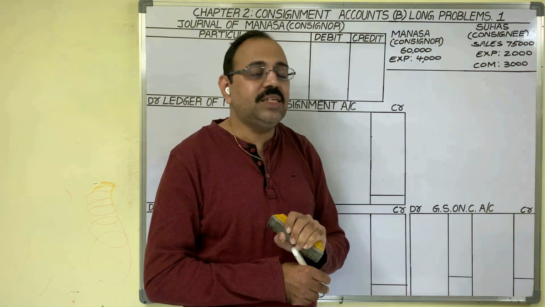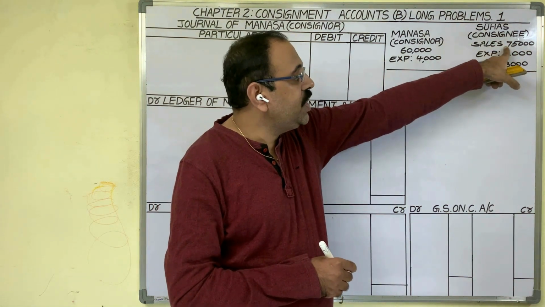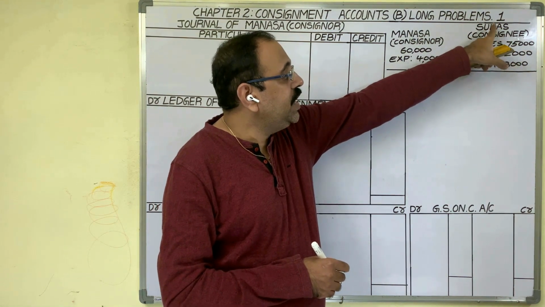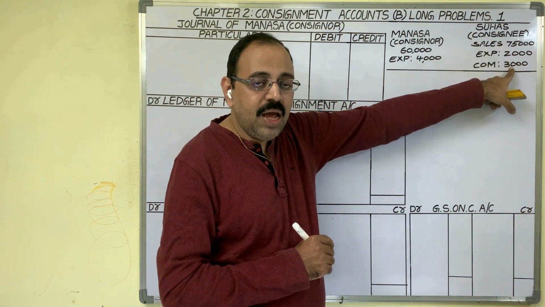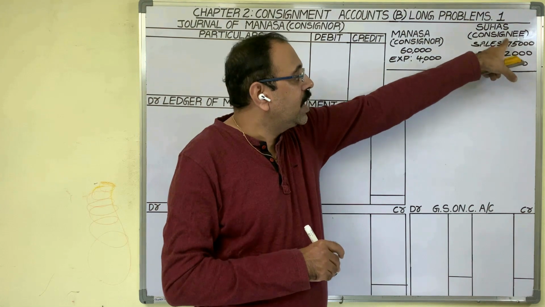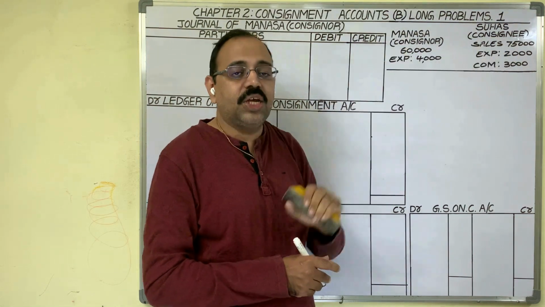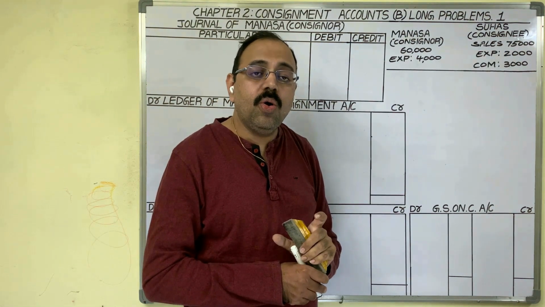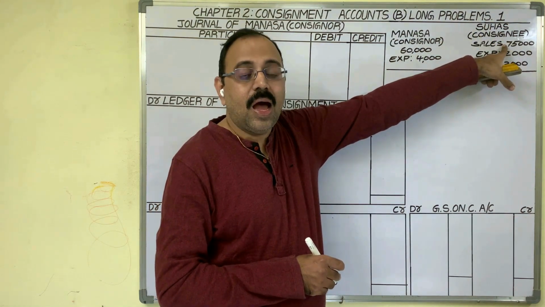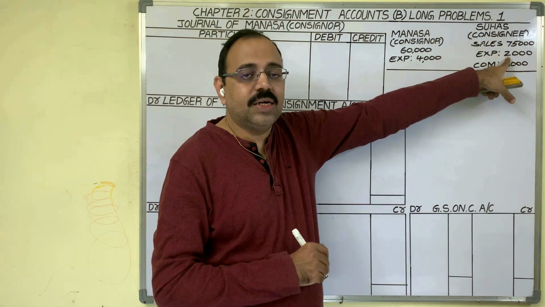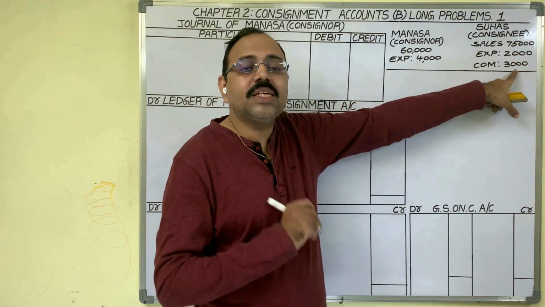So from the sales amount, from 75,000 rupees, the consignee deducts his expenditure and his commission, and the remaining amount the consignee sends to the consignor. The consignor should know for how much value the consignee sold those goods, how much expenditure he incurred, and how much commission he is expecting.